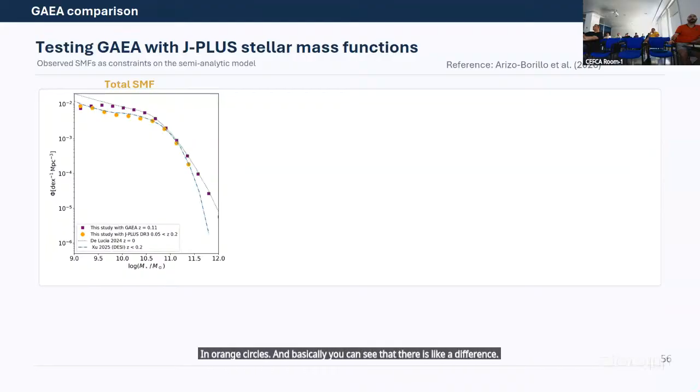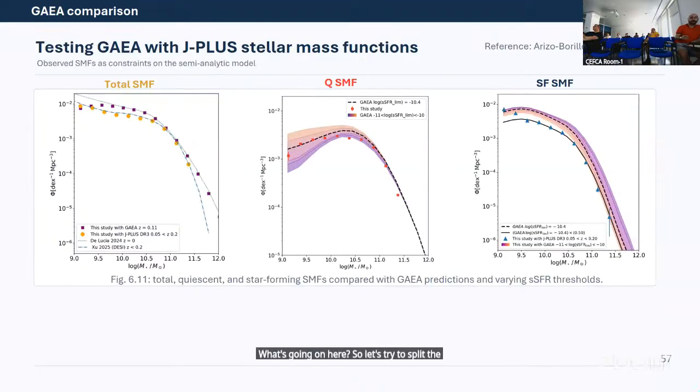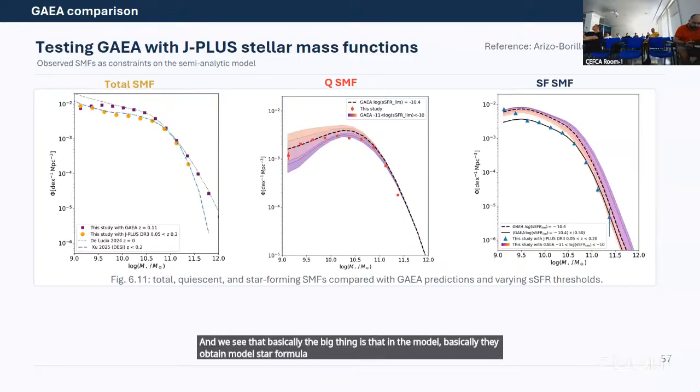You can say, what's going on here? So let's try to split the population, and we see that there's something happening here. So we split in quiescent and star forming. We obtain the stellar mass functions, and we see that basically the big thing is that in the model they obtain more star forming galaxies.